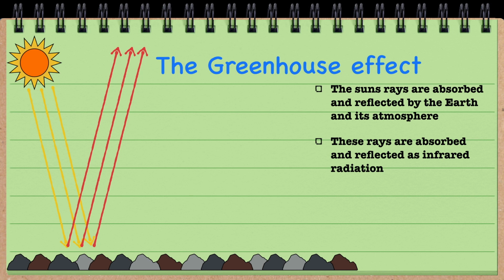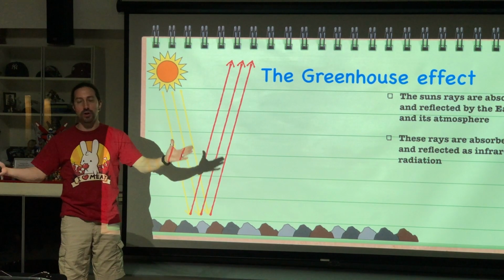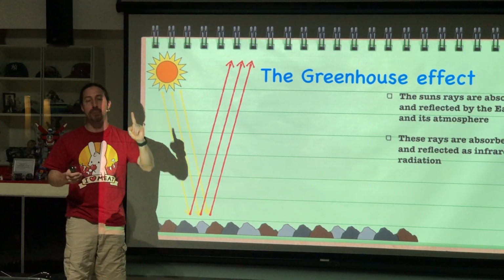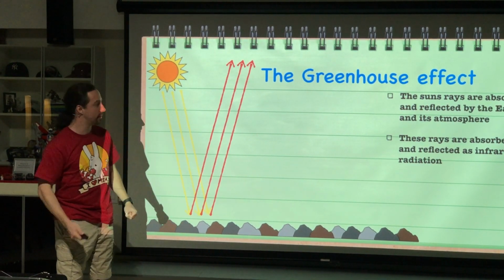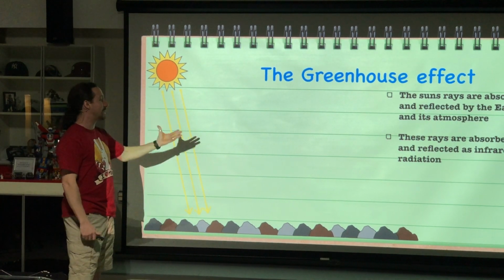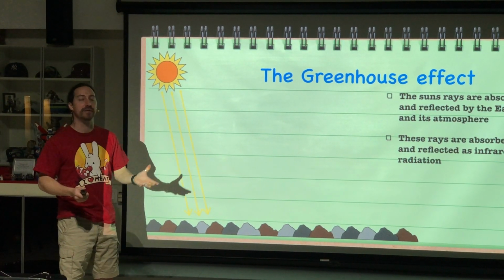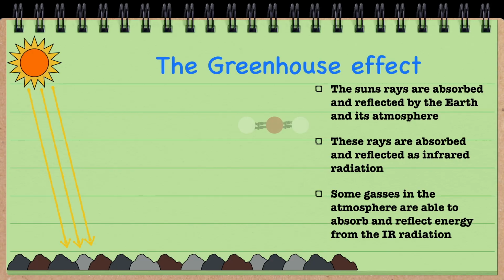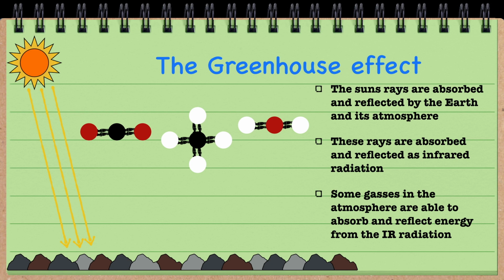If that infrared radiation doesn't get held within the atmosphere, it would just be released into space, and we would then have a lot of cooling taking place on this planet. It wouldn't keep us at a stable temperature. But there are gases that happen to exist within our atmosphere that absorb those reflected rays. Specifically, water, methane gas, and carbon dioxide.